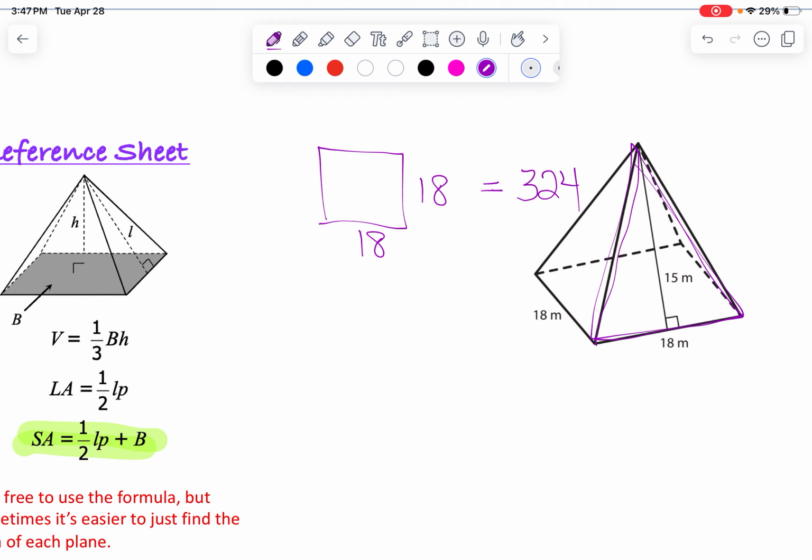So I have a triangle with a base of 18 and a height of 15. Remember, it's 1/2 times base times height. If I do that, that's 135.